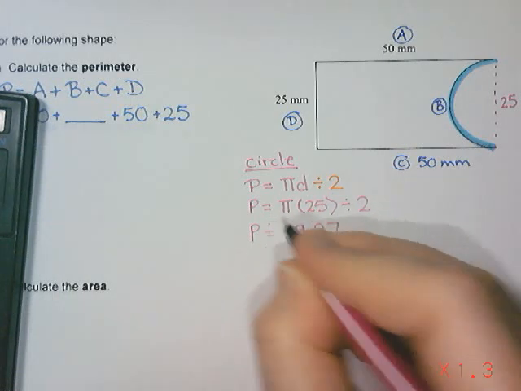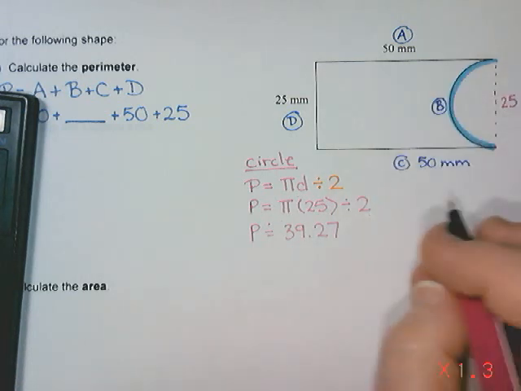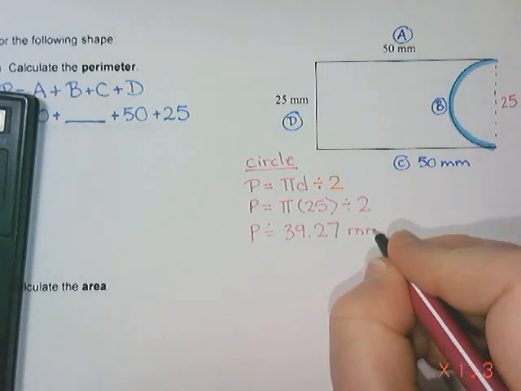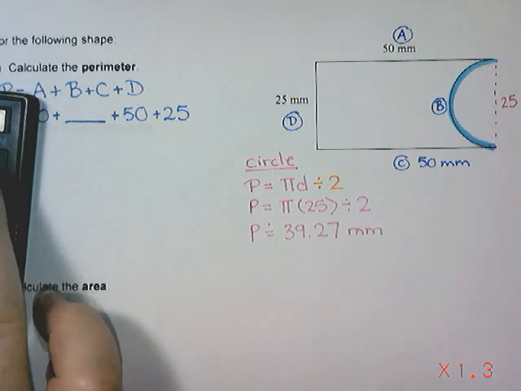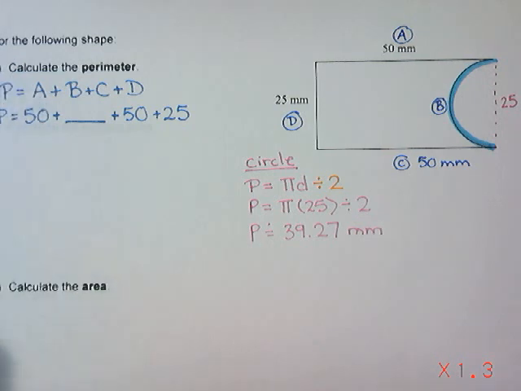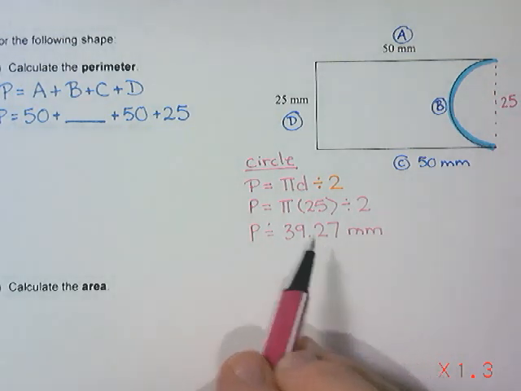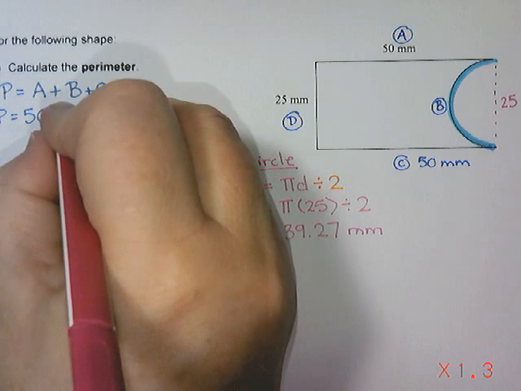A dot because I rounded. And then all of these measurements are in millimeters. So that perimeter distance is still in millimeters. It's just 39.27 millimeters. I'm now going to take that answer and put that in for side B.